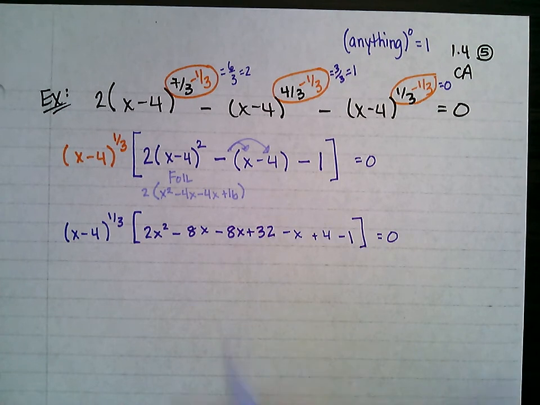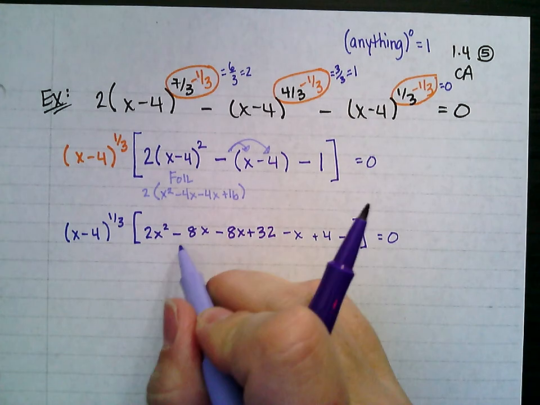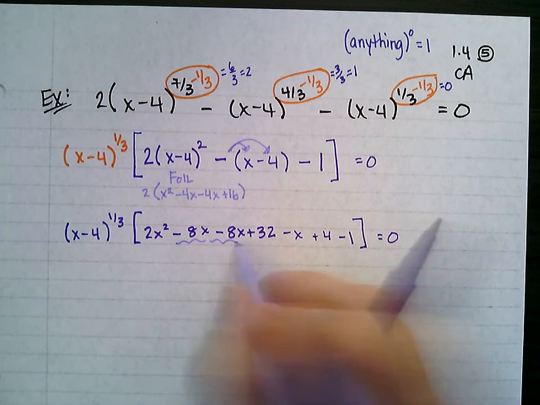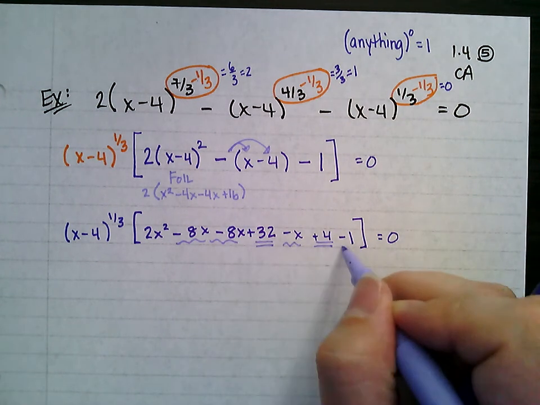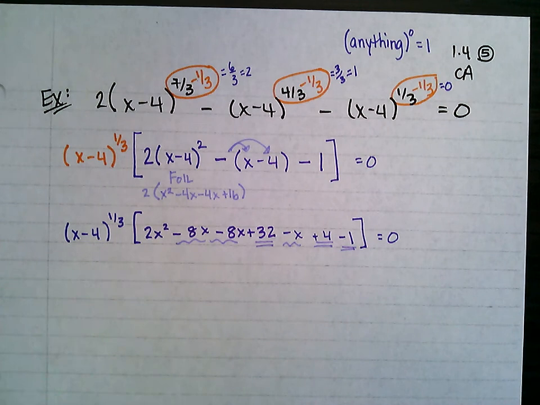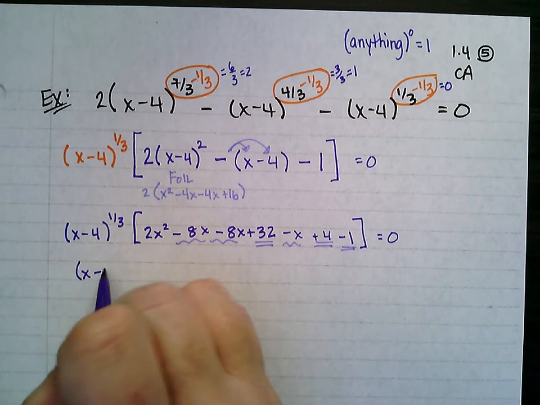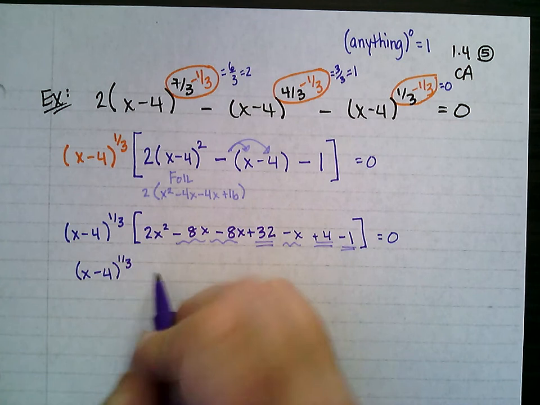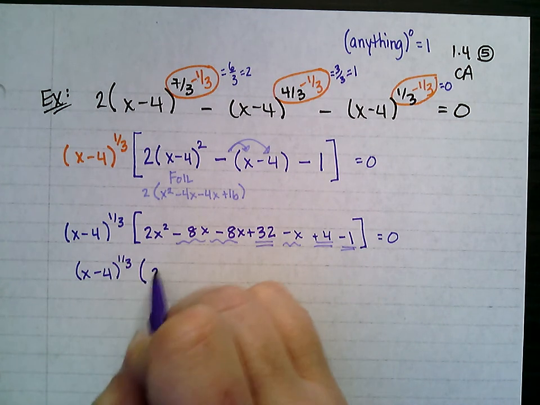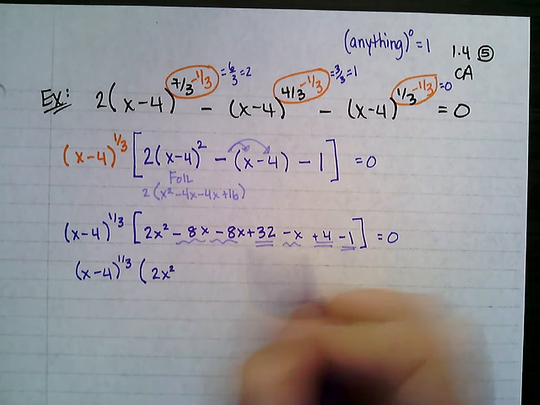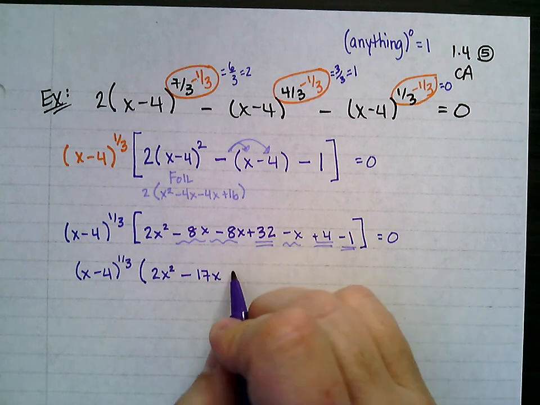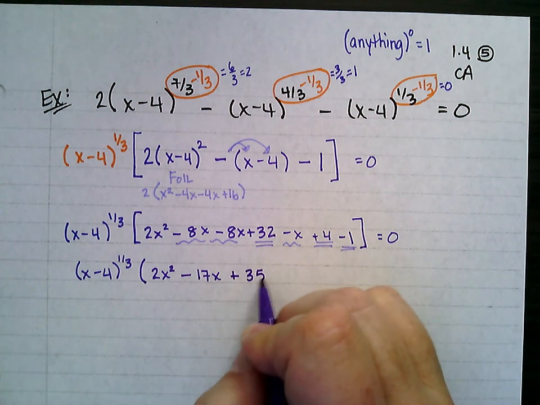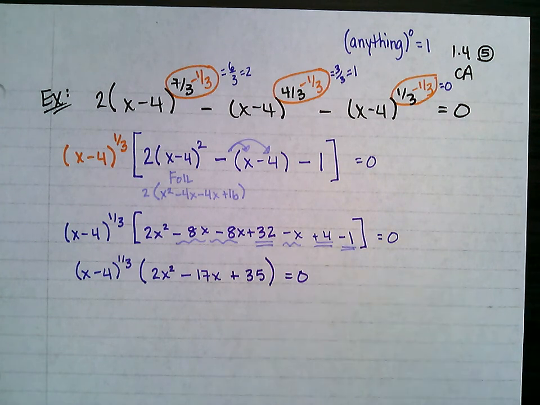Then I should probably combine the like terms in here. So I got the negative x's and the negative x, the 32, the 4, and the 1. So now I'm at x minus 4 to the 1/3 times 2x squared minus 17x plus 35 equals 0.